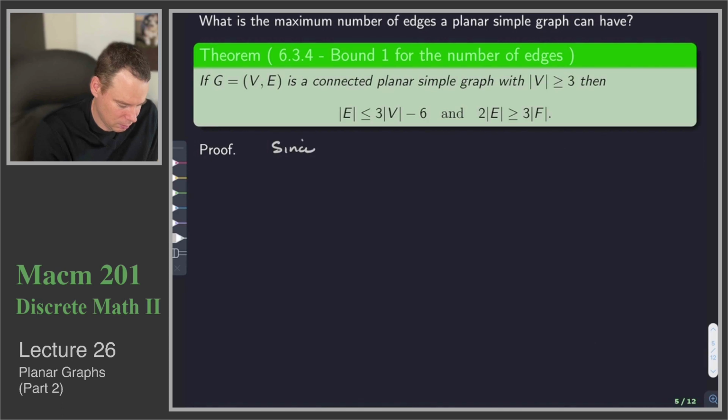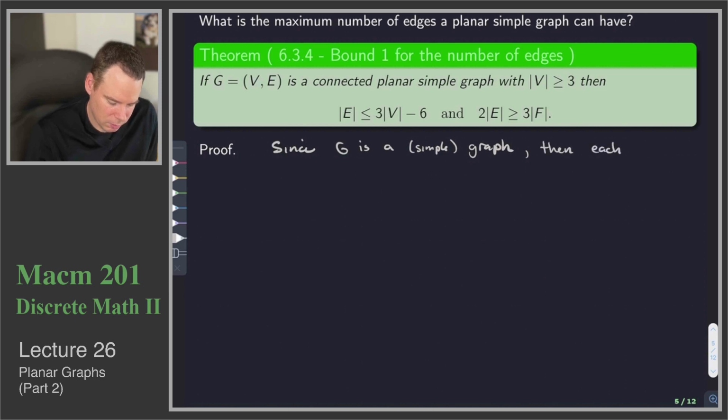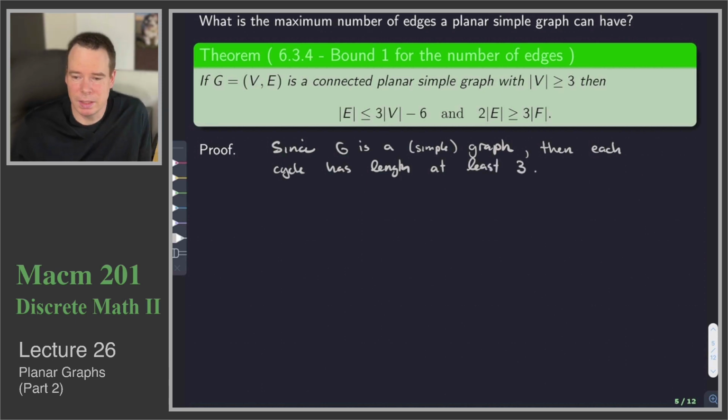Since G is, and again I'll write the word simple here, a graph, in other words not a multigraph, then each cycle has length at least 3. We won't have cycles of length 1 or 2.